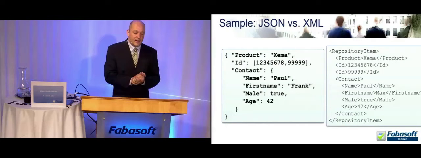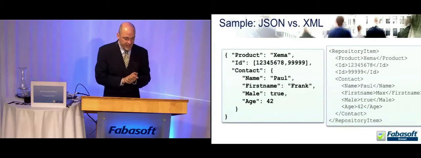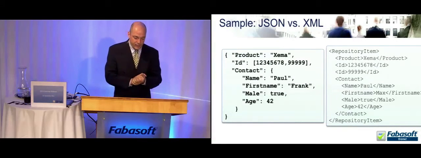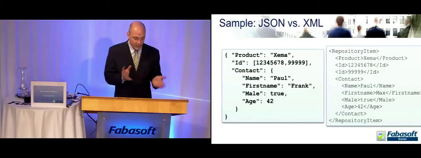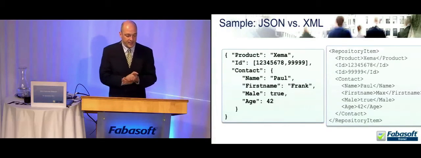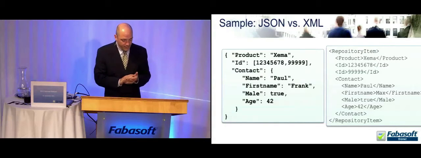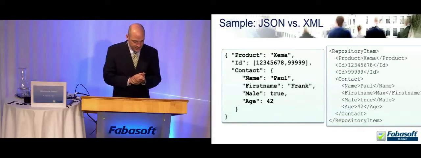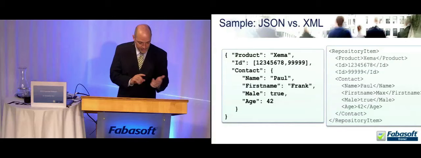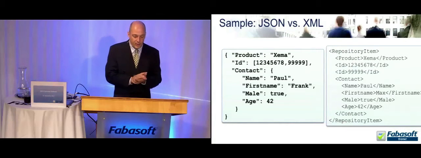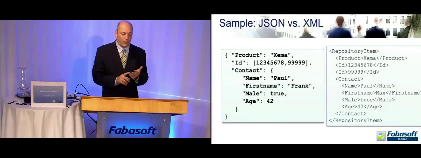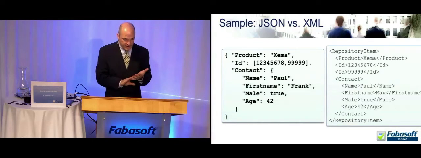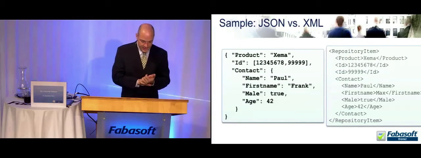We have a value named value ID consisting of an array of numbers. Here there are two numbers, and then there is a compound value contact, again with additional properties. Some things we noted are the values can be encoded as a string, or there can be values Boolean true or false, or there can be numbers. And that's it, more or less.